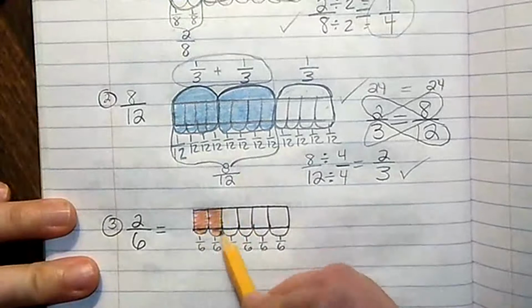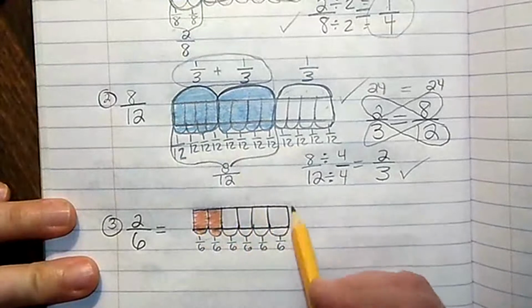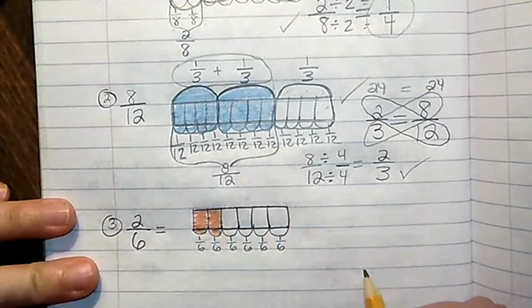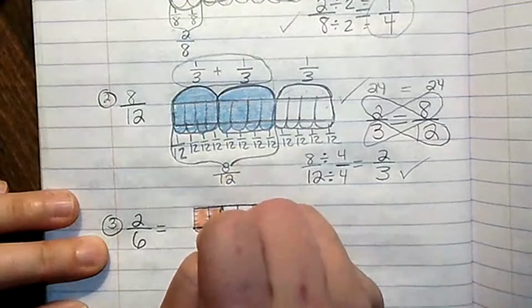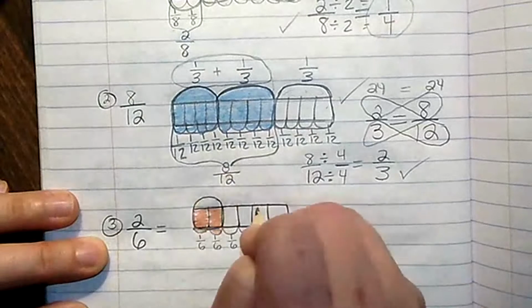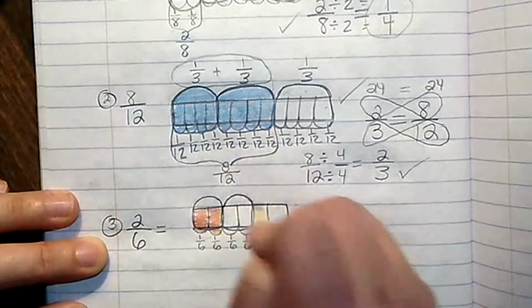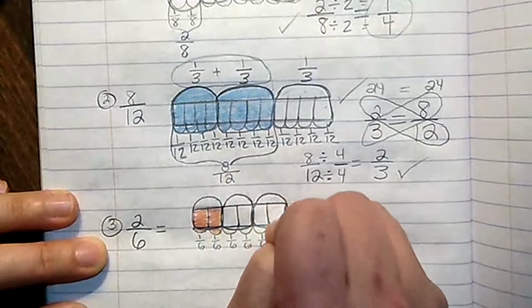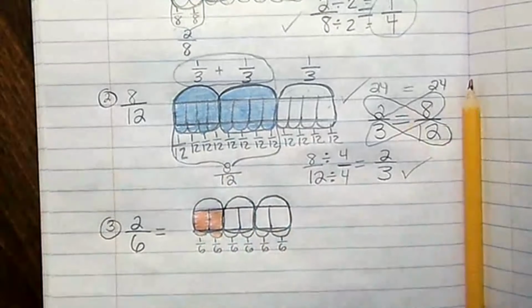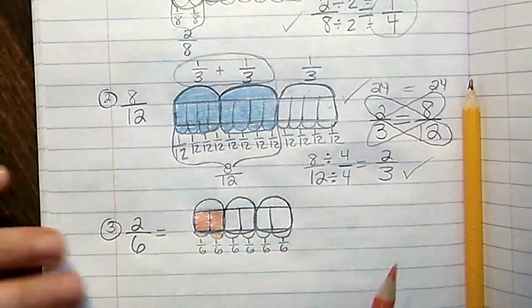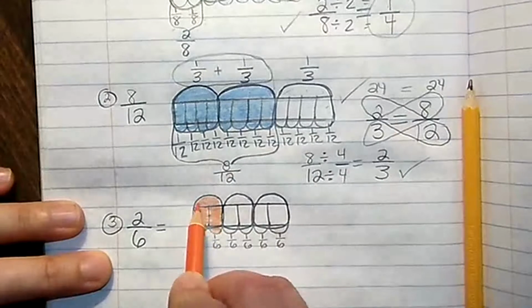If I circled a group of 2, would that work out evenly? Could I do equal groups of 2? Yeah. So this time I'm going to circle 2, and then 2, and then 2. Now how many of my jelly beans should be colored in? Just this one.